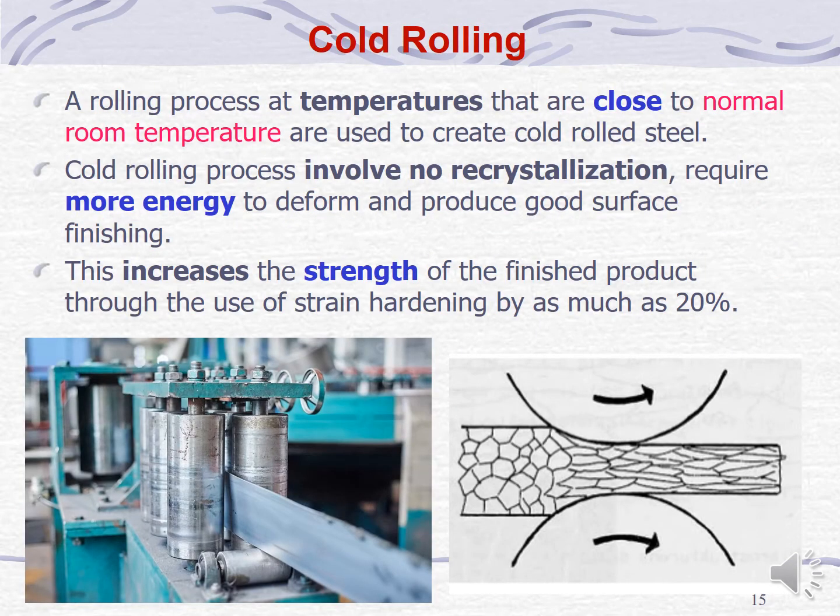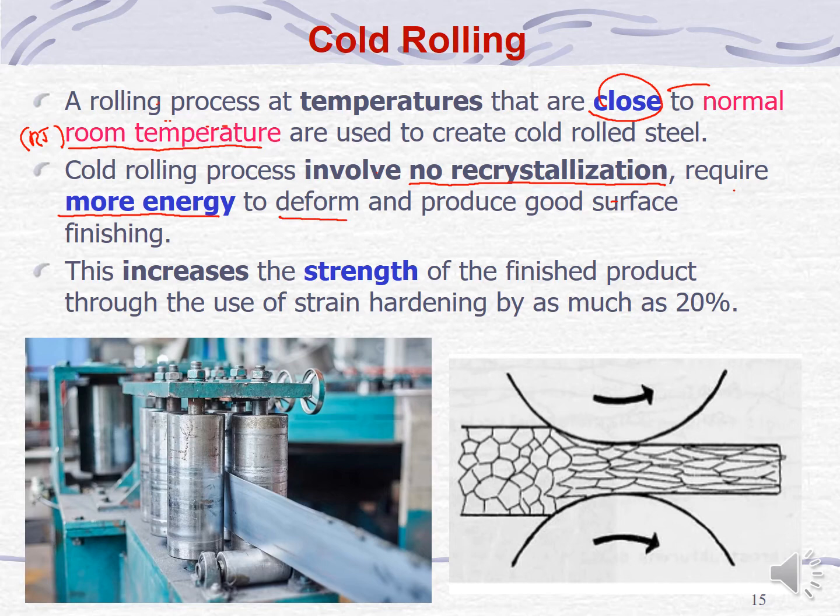Okay, cold rolling is a rolling process at temperatures that are close to the normal room temperature. Room temperature. Okay, cold rolling process involves no recrystallization process, so it requires more energy in order to deform the metal.